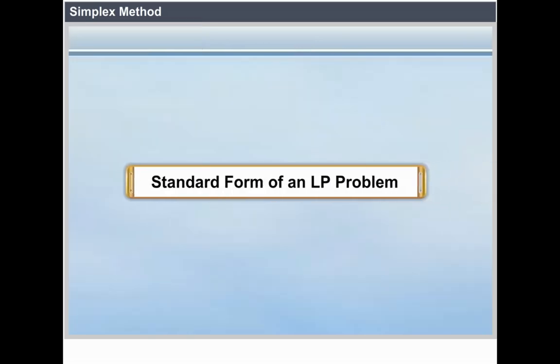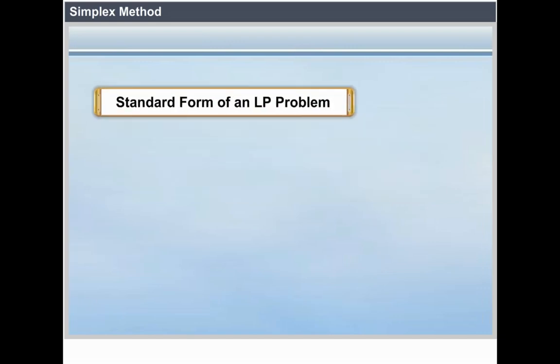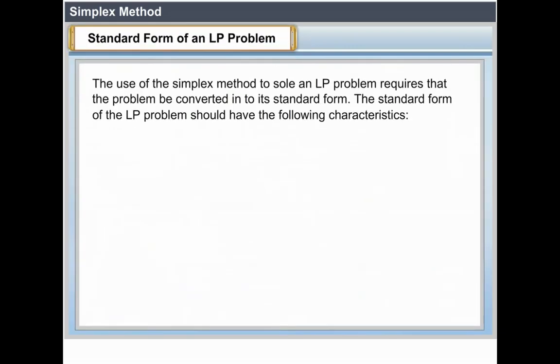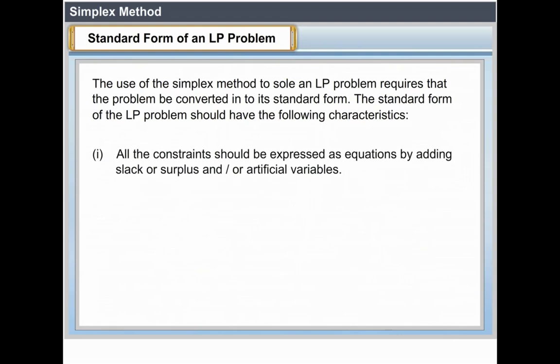Standard form of a linear programming problem. The use of the simplex method to solve a linear programming problem requires that the problem be converted into its standard form. The standard form of the LPP should have the following characteristics. Number 1.